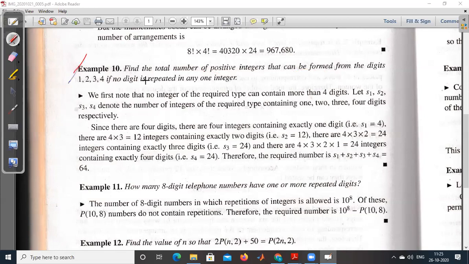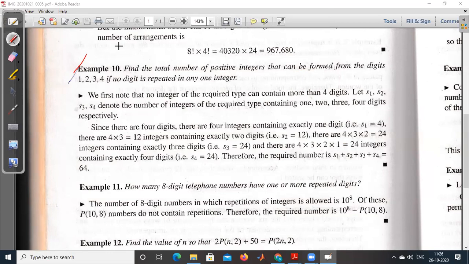See this one. Find the total number of positive integers that can be formed from the digits 1, 2, 3, 4 if no digit is repeated in any one integer. Okay, say total number of positive integers.